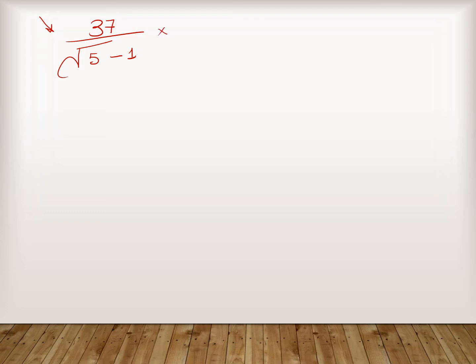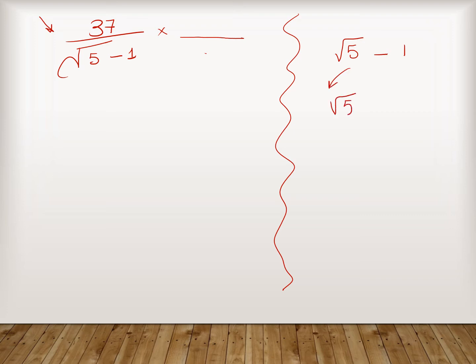For that purpose, you have to multiply and divide with the conjugate of the denominator. Now, what is meant by conjugate? Let's have a look on the right hand side. If square root of 5 minus 1 is written and they ask you to write the conjugate, write the first term as it is and the last term as it is.